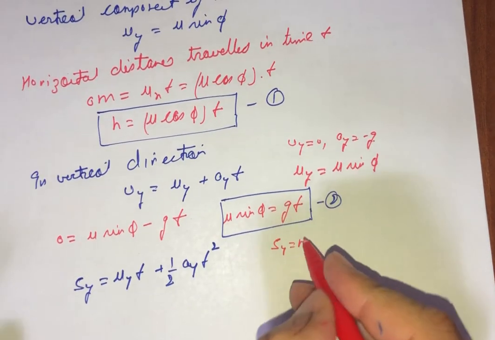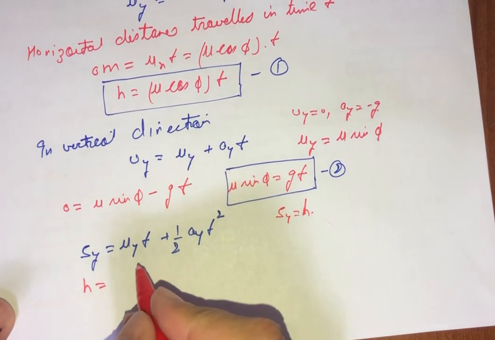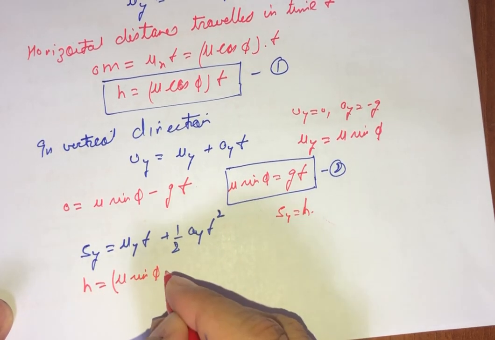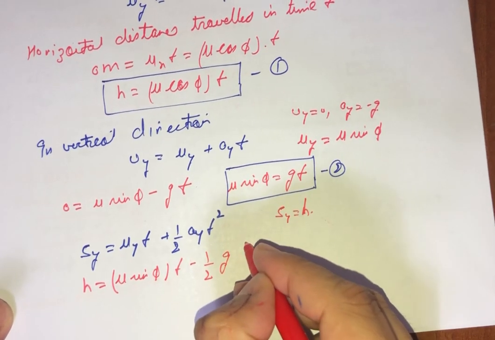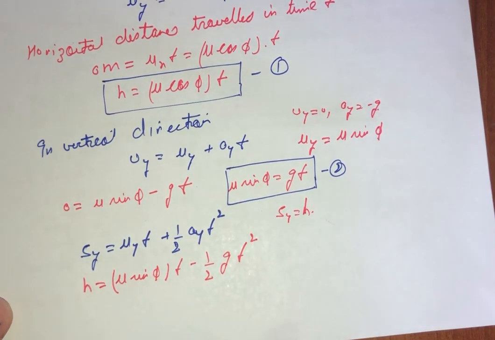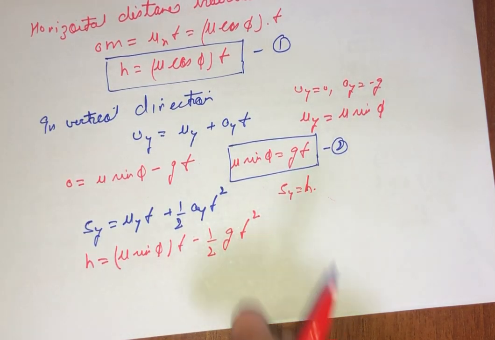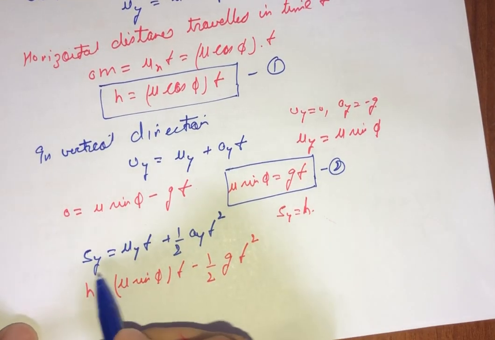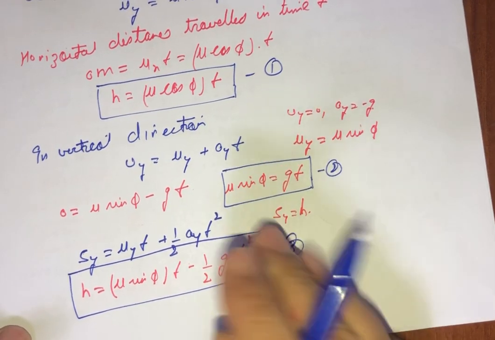So we can write h is equal to u sine phi multiplied by t minus half g t square. Let us call this equation number 3.